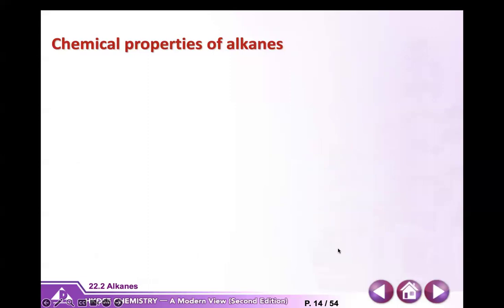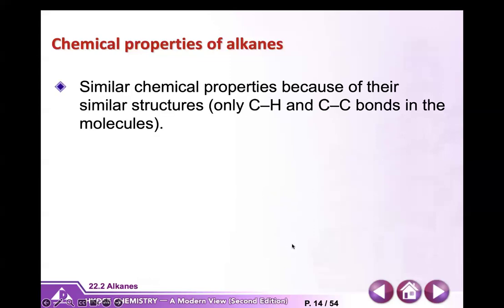So let's go to some chemical properties of alkanes. All of them have similar chemical properties because they all have a similar structure, that is, C-H and C-C single bonds. All of the alkanes are unreactive, because the C-C and C-H bonds are very stable and strong.